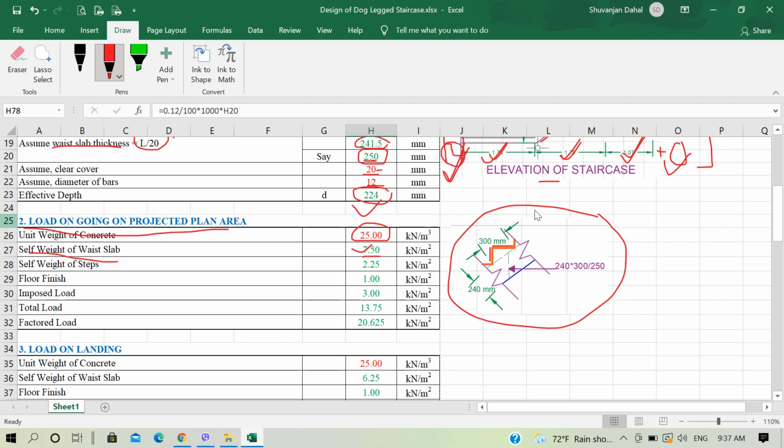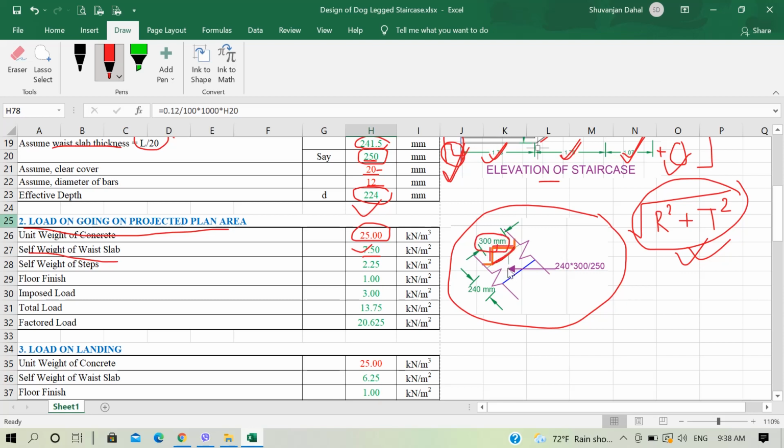Now previously we calculated this value, root under r square plus t square. So what does this value give? You get the inclined length of this step by using this value. In this right angle triangle you get the inclined length using the formula root under r square plus t square. That you get nearly to be 300 mm.